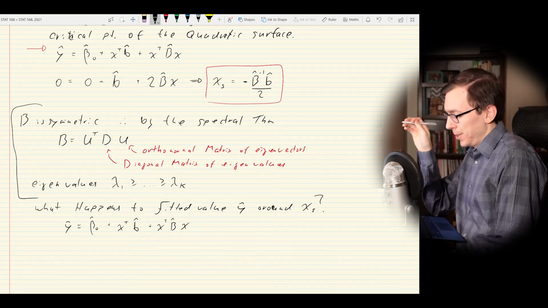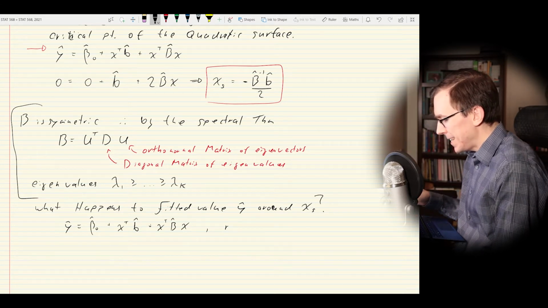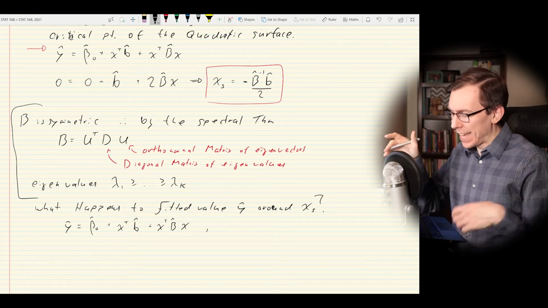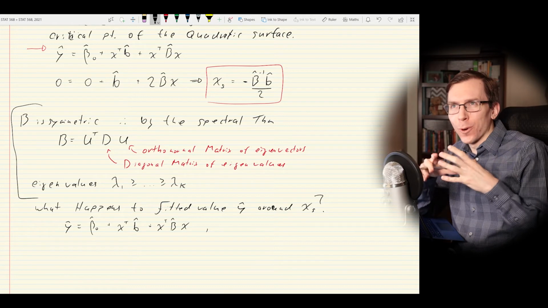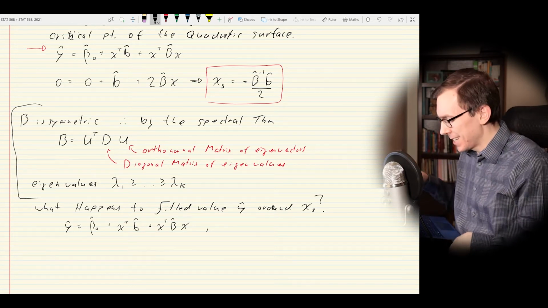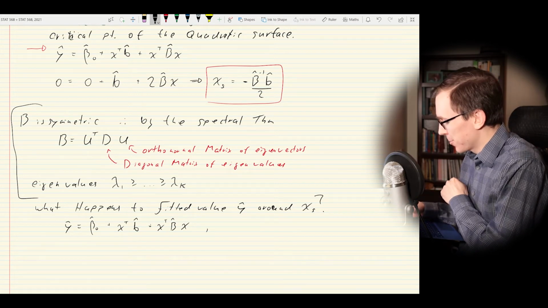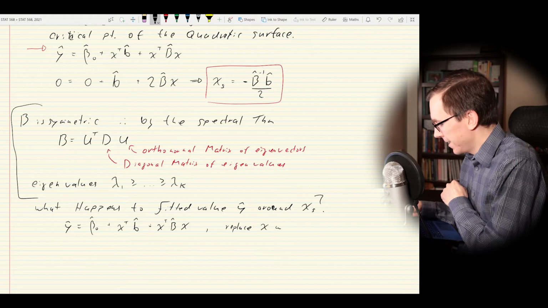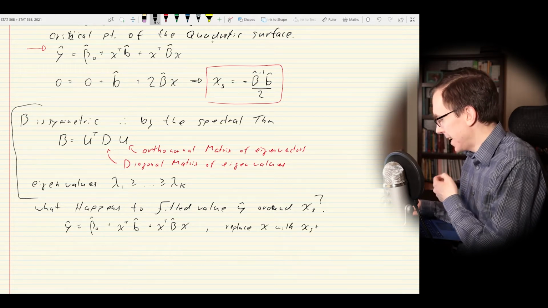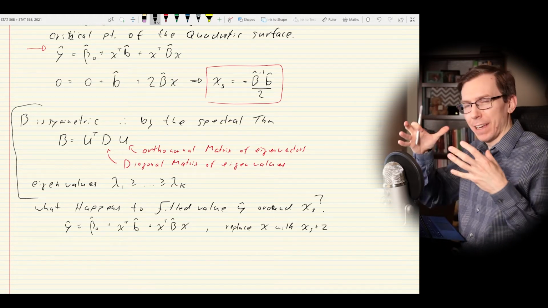So what we're going to do is we're going to basically shift the origin. Right now, when x is set to 0, we're at the origin in our Cartesian coordinate system. Instead, we're going to replace x with xs plus z. So xs is the stationary point, and then z is going to vary.